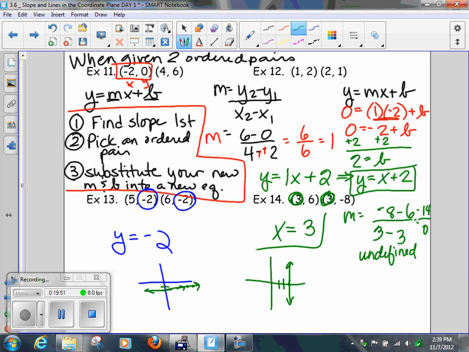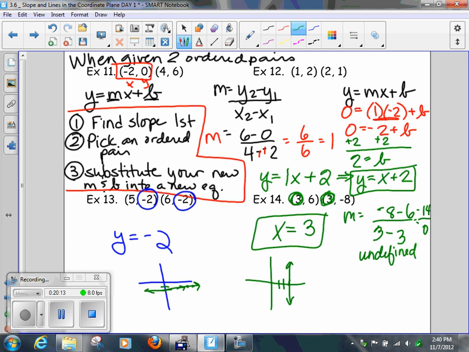What's my equation? How many of you think you're going to be able to look at it every time and go, are they the same? How many of you think you're going to do that? Some of you will. You'll be able to look at it. I'm going to get caught up in the details every single time. Could we continue on with details if we get our slope as undefined? Yeah.